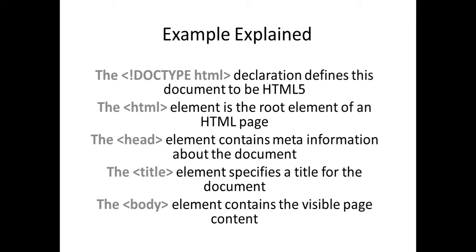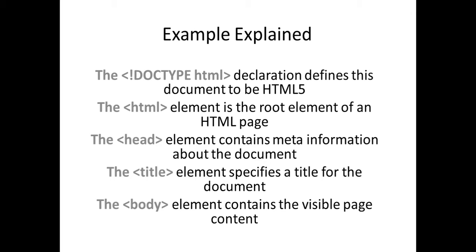The doctype HTML tag represents the declaration of the HTML5 we are going to use. And html is the root element of the web page. The head element contains metadata information, such as device display, styling, and so on.